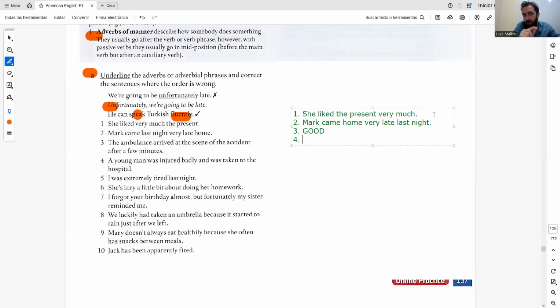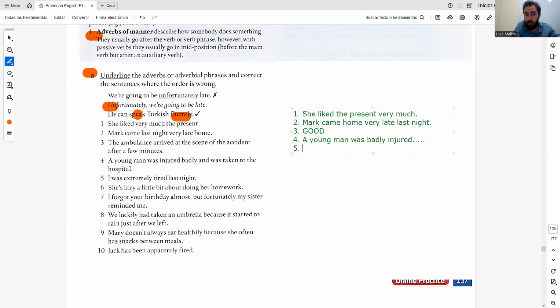But notice here that this sentence is passive. And when we have passive sentences, it goes into a mid position, so between was and injured, between these two verbs. So, a young man was badly injured and taken to the hospital.